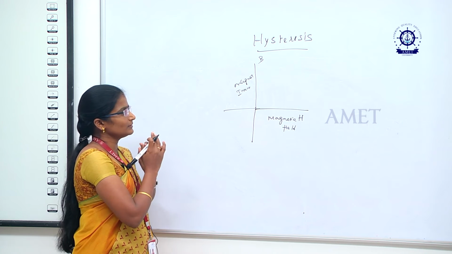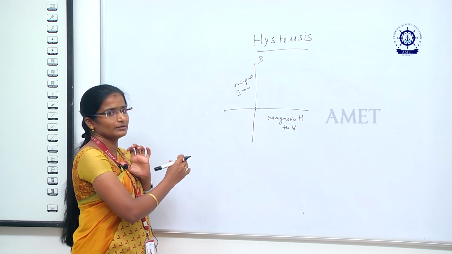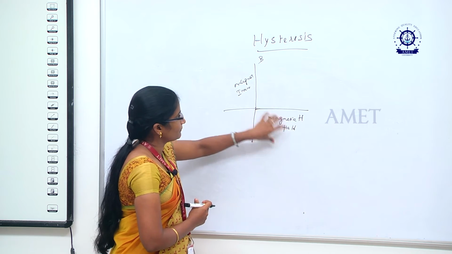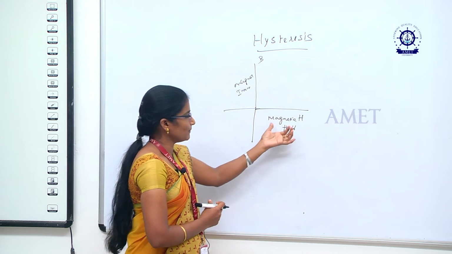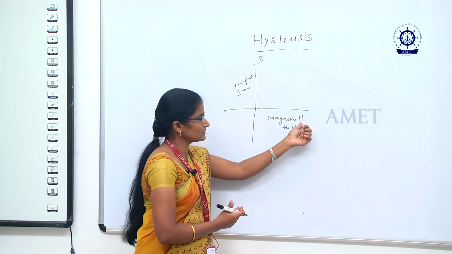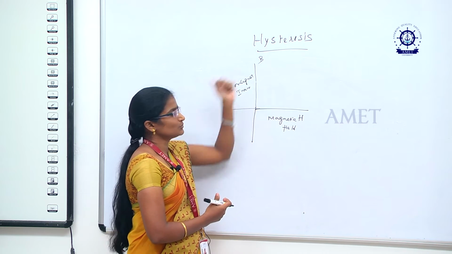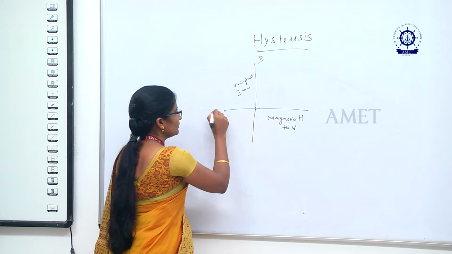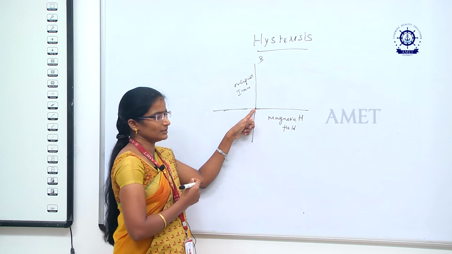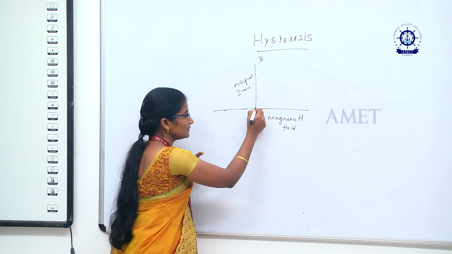We are discussing the ferromagnetic material in this case. So the graph is plotted between magnetic field and magnetic intensity. The magnetic field or magnetic force is noted as H, the magnetic intensity is noted as B.